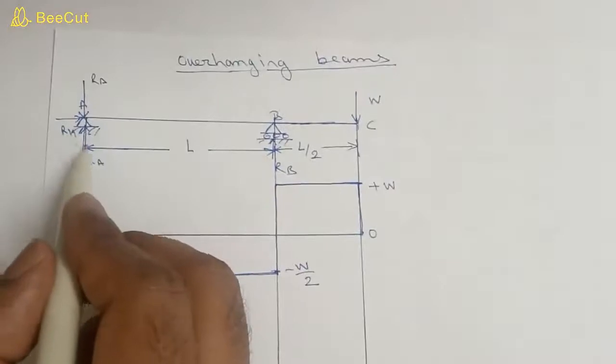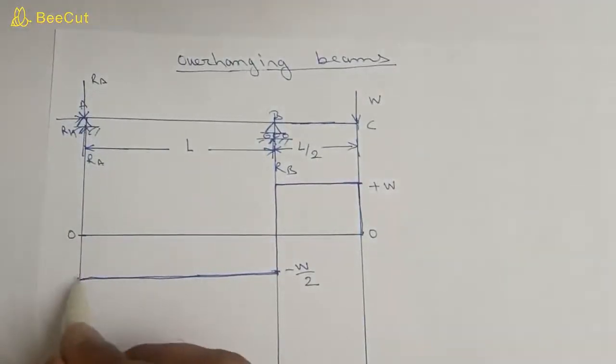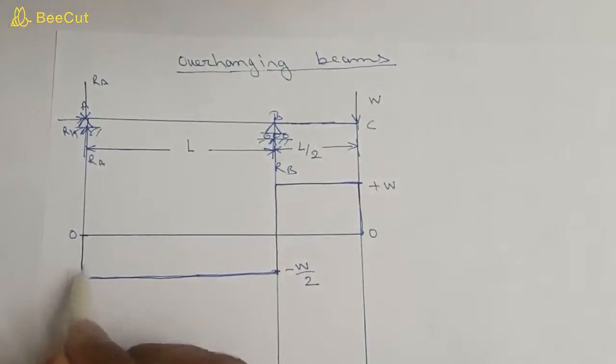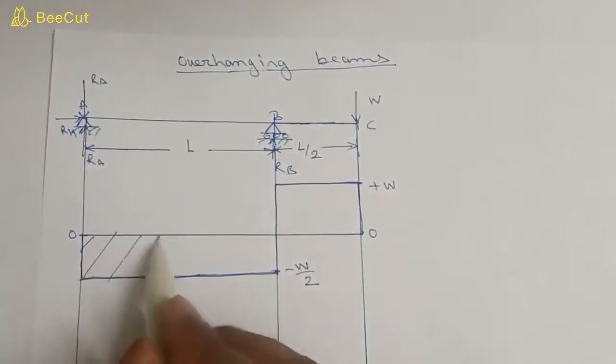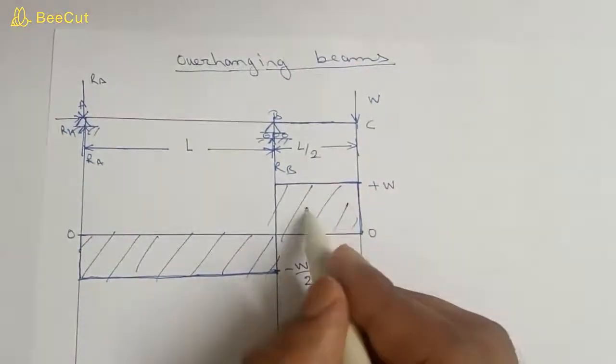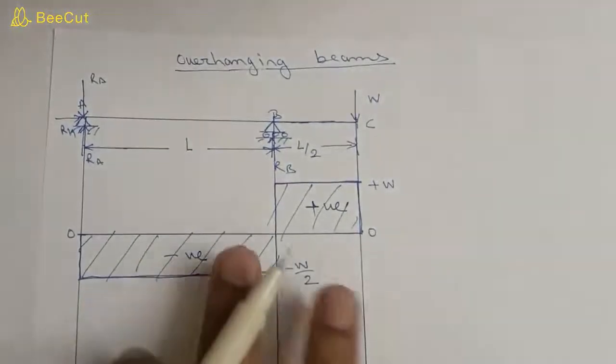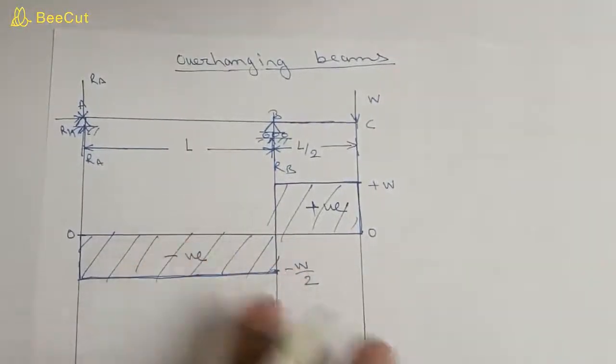Now this is minus W by 2, and this force is W by 2, so plus W by 2 will become 0. So this is the shear force diagram for this type of beam. This is positive and this is negative. I hope you understand how I have drawn this shear force diagram.